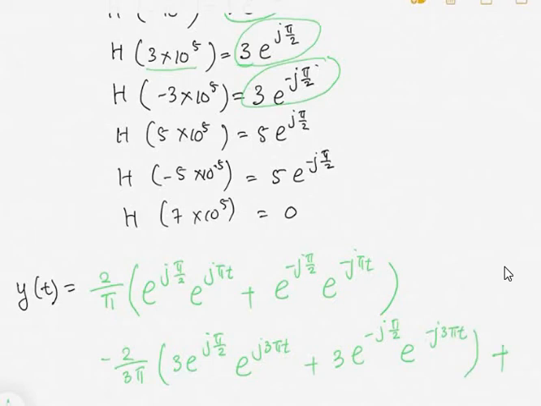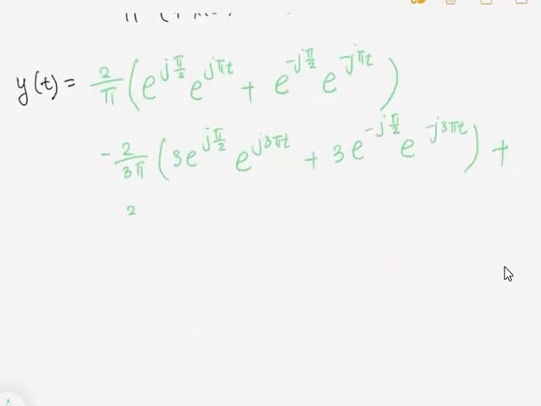Plus with 2 over 5 pi and then 5 exponent j pi over 2 and then exponent j 5 pi t, and then plus the last one 5 exponent minus j pi over 2 exponent minus j 5 pi t.